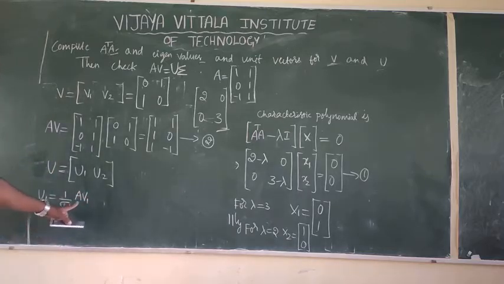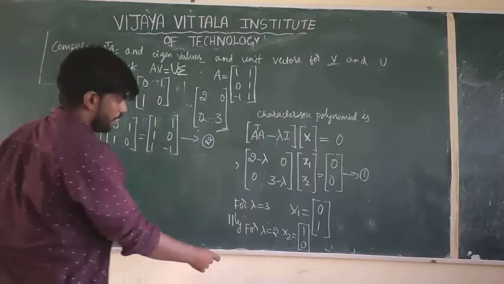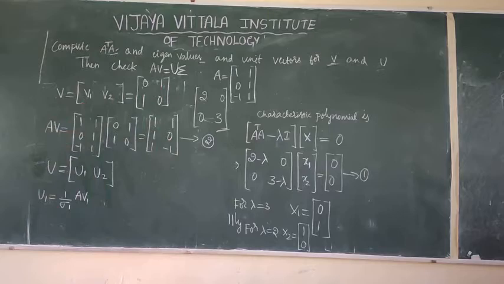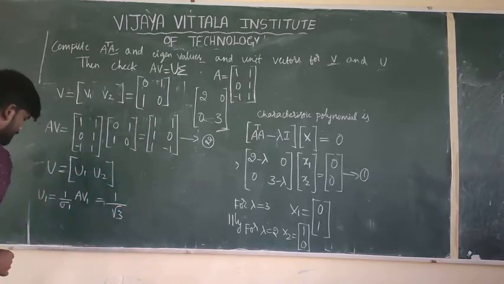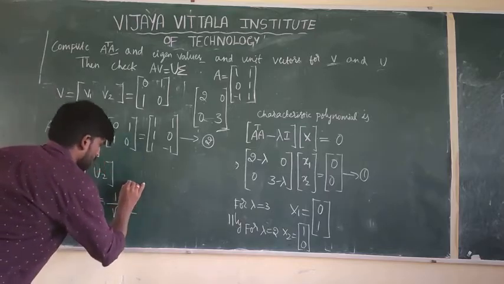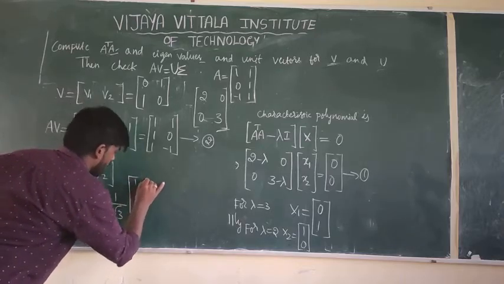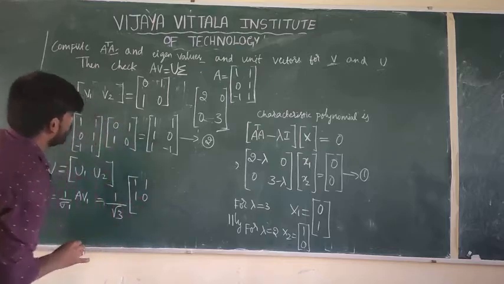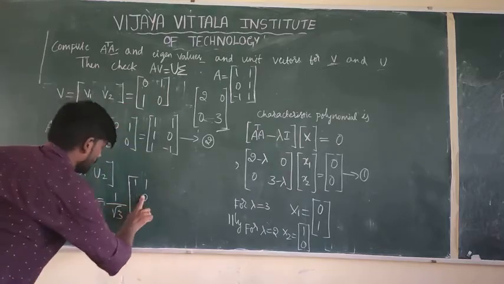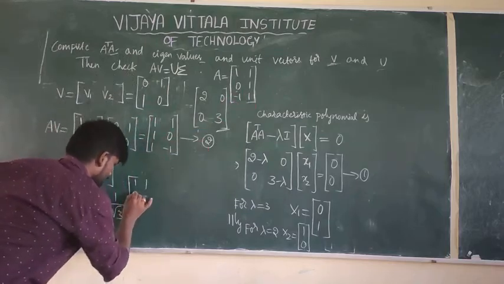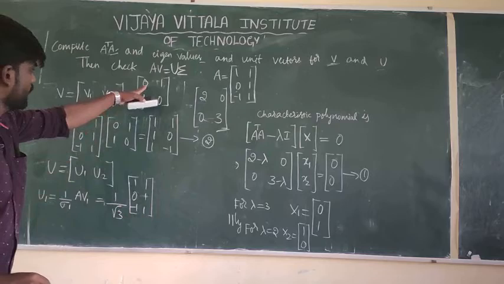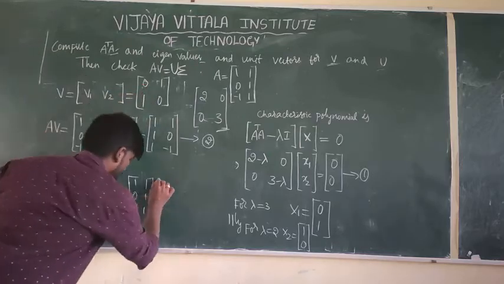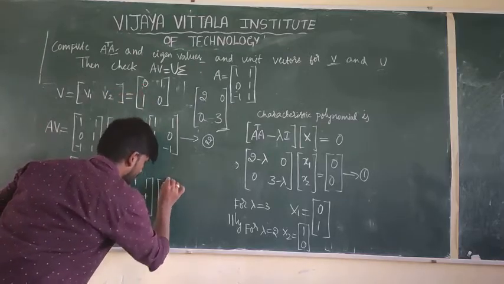Sigma 1 is the singular value, A is the given matrix and V1 is the unit vector. So U1 is 1 by root 3 into A, the given matrix 1, 1, 0, 1, minus 1, 1, and V1 is the column matrix 0 and 1.